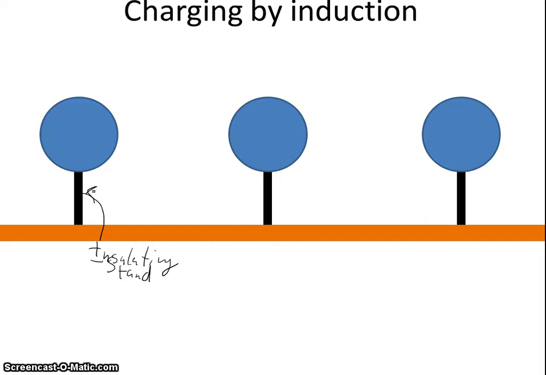It blocks the flow of electrons that way. And the sphere on top of this starts off with a neutral charge, meaning it's got an equal number of positive and negative charges all around it.